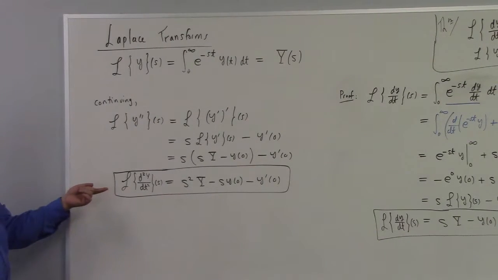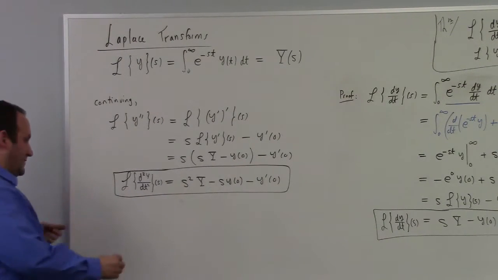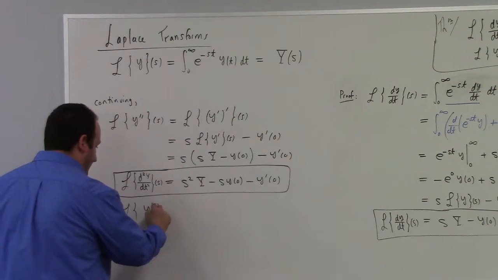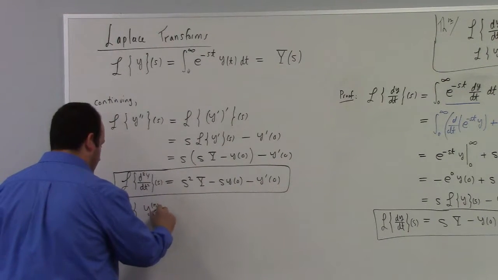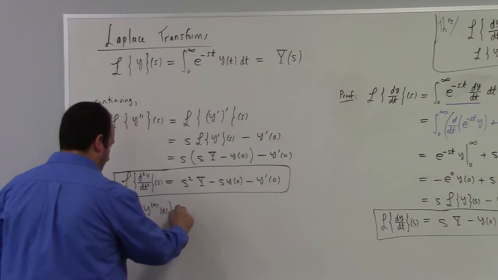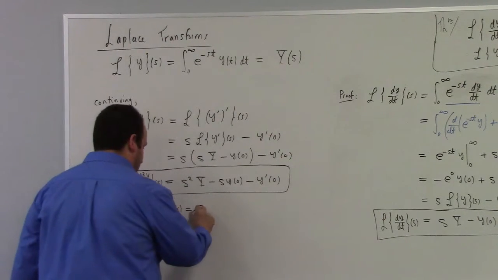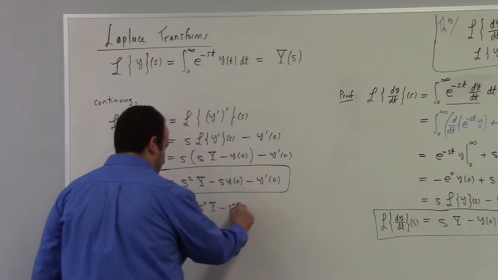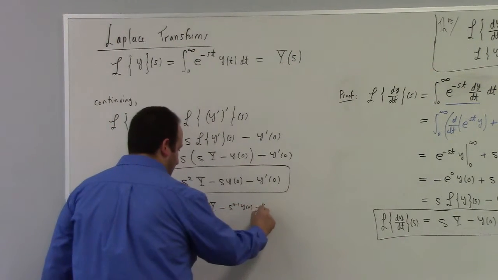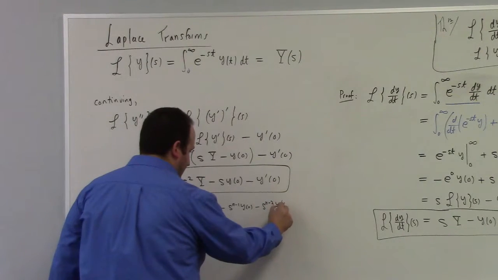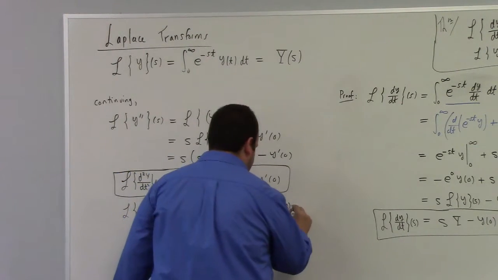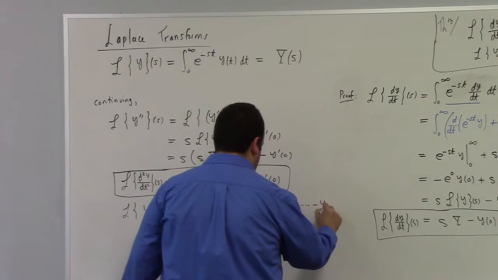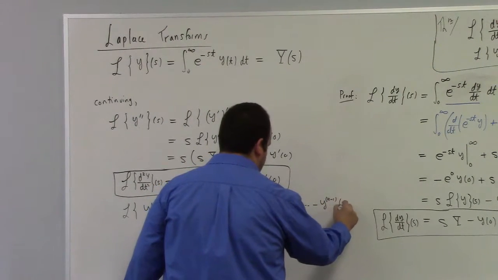Can you guys tell me what the third one is without me actually doing it? In fact, let me just jump to the nth one. What's the Laplace transform of the nth derivative? It's going to be s to the power n big Y, minus s to the n minus 1 y of 0, minus s to the n minus 2 y prime of 0, and then minus all the way until we get to y to the n minus 1 of 0.